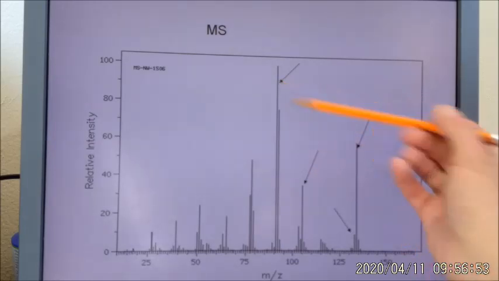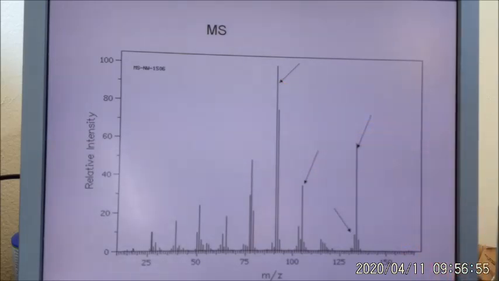Okay, so that gives me my 91, and then my 29. That gives me 120. So the difference between 120 and the 134 is 14. So I have an extra CH2 present in my molecule.